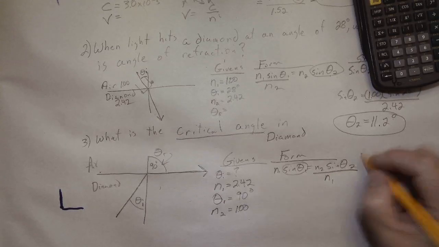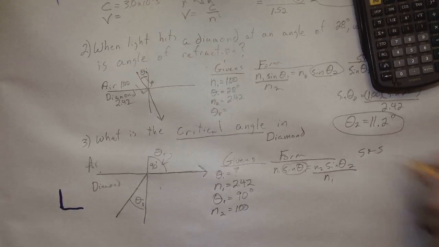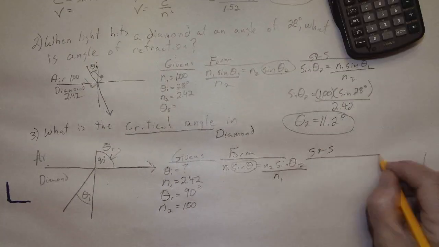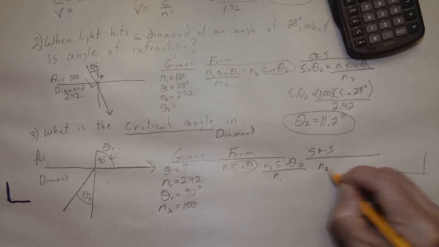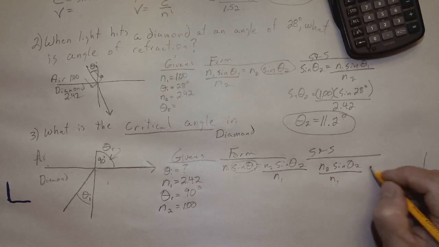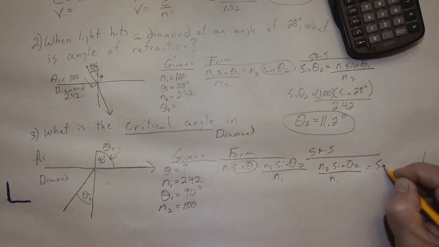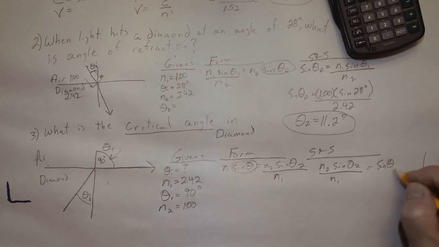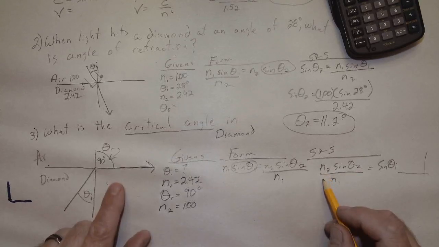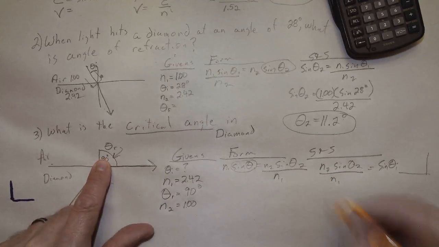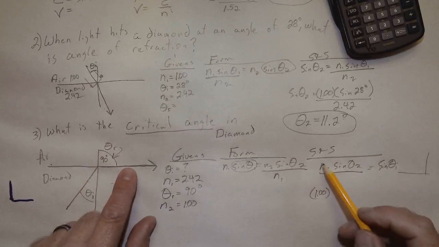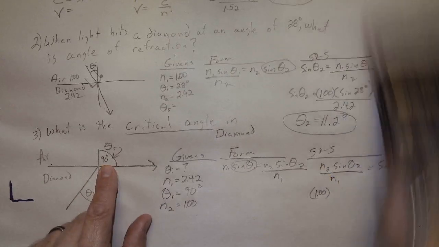All right, now the sine almost gets amusing to see what happens to this. So n2 sine theta 2 over n1 equals the sine of theta initial. Well, n2 is air, so that's 1.00. The sine of theta 2, sine of 90 degrees.